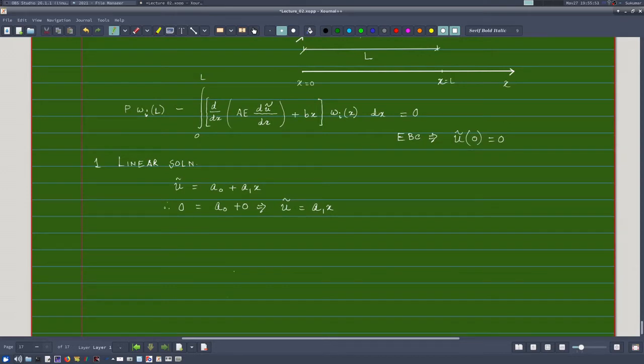And therefore what is my du tilde/dx? Because I need to find out this term because I have it in the weak form. So let us find out du tilde/dx, and we know that it is nothing but a1, right?